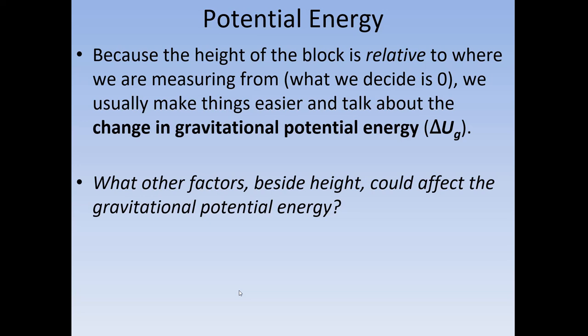So, besides height, what other factors could affect gravitational potential energy? Well, if we think about the idea of dropping an object, we can actually tell which objects have more energy by the time they hit based off of the sounds they make, based off of the type of collision they end up having. An object that hits the ground with very low energy, low kinetic energy, typically doesn't make that much noise, and doesn't end up creating any vibrations.